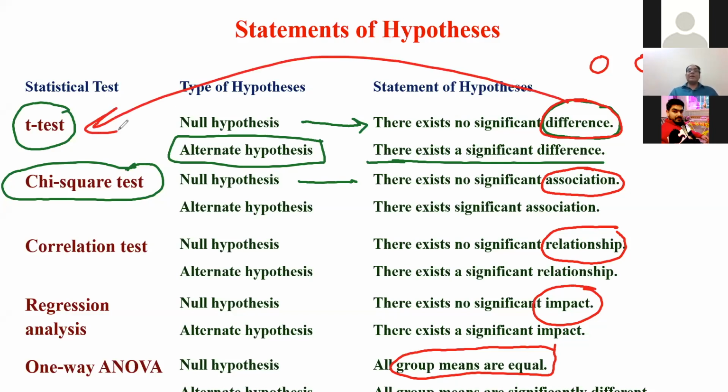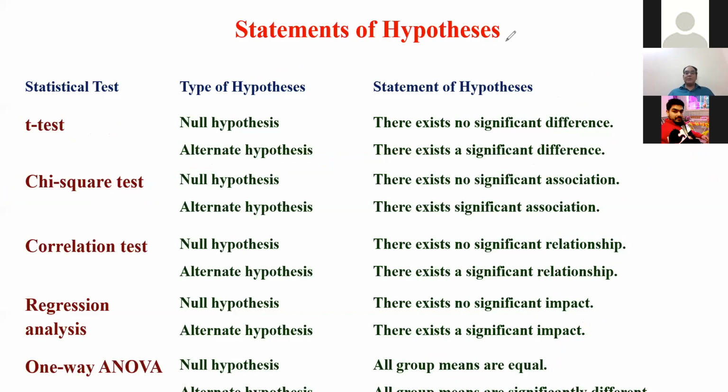When I want to check the association between two categorical variables, categorical variable 1 and categorical variable 2, I will go for chi-square test. You have to see how I am framing the null hypothesis. So I am giving you examples of all the tests once again, and after that I am sure that the concept of hypothesis testing will be clear.